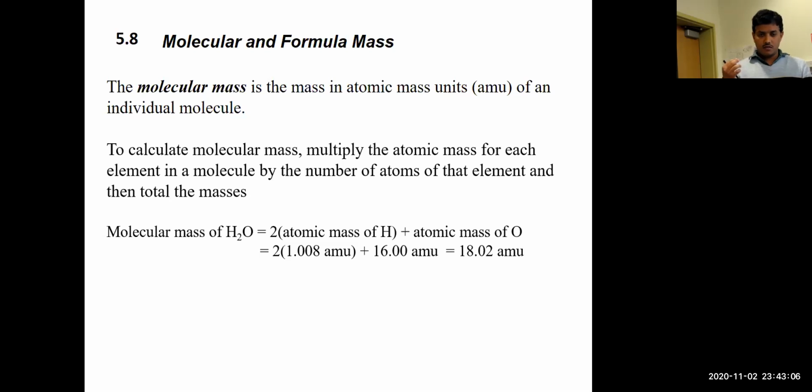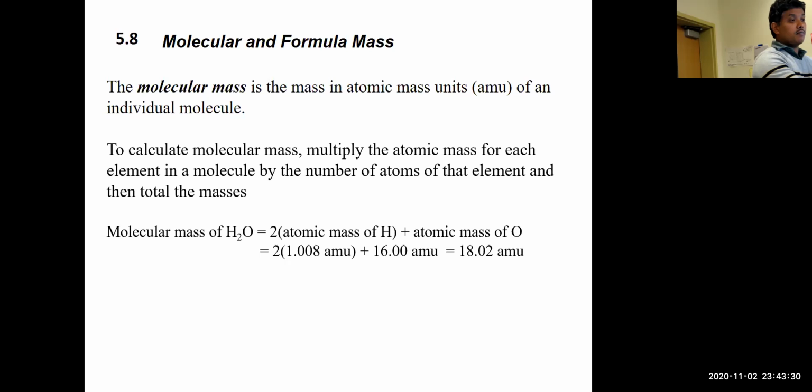First you identify a molecular formula and how many times each element is present, and then you identify each element's atomic mass and multiply those many times to get the molecular mass of water, or of any compound.